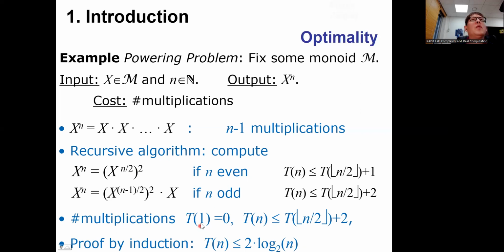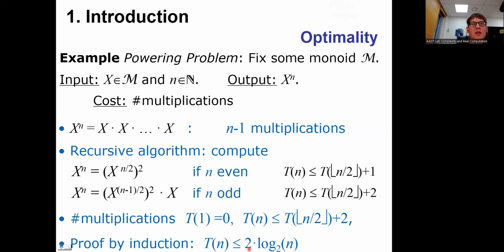I leave that to you. That's just mathematics, so please go ahead and do that. Which means now we have found an asymptotically better algorithm. The first algorithm used n multiplications, the second one uses log n multiplications.